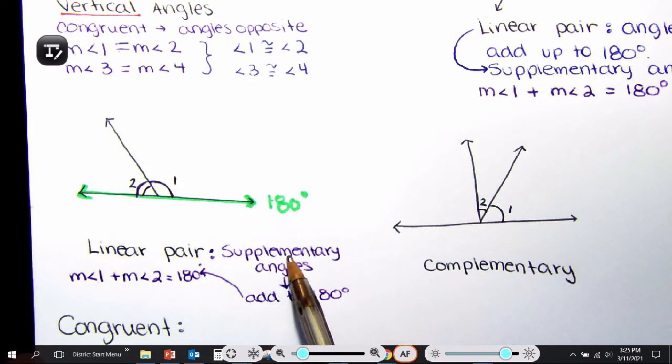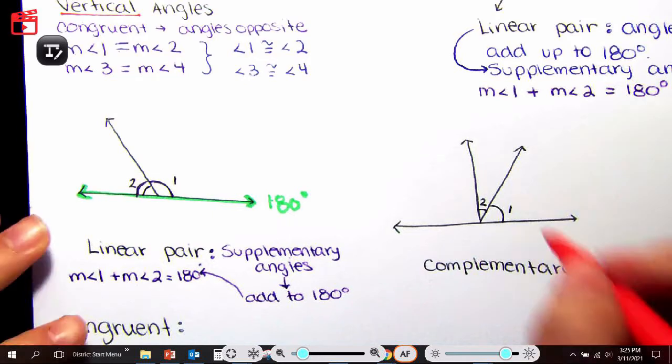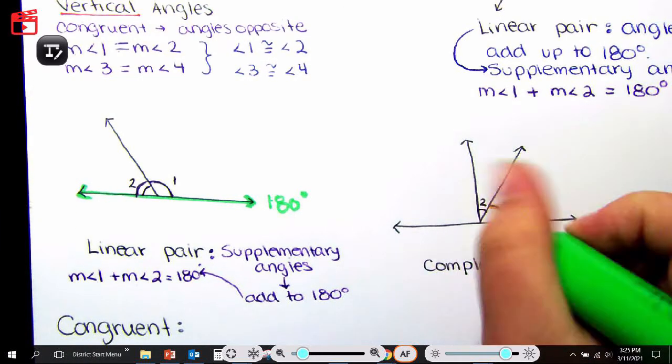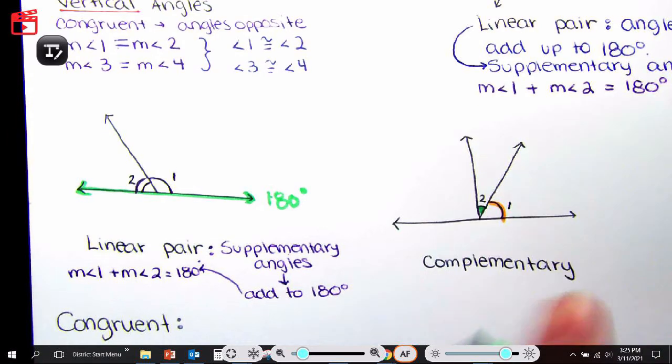Now we have supplementary angles and complementary angles. Complementary angles are angles that add up to not 180 degrees. Instead, they add up to 90. So you have angle 1 here and you have angle 2 here. Together, they form a right angle or a 90-degree angle.